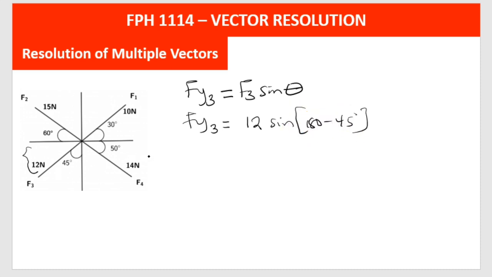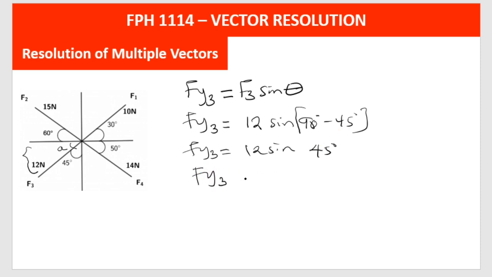Now, why are we using sine 180 minus 45? Is it 180? No, there's a mistake here. It should be 90 degrees minus 45, because we need to find this angle here, and it can be gotten by saying 90 minus 45. So we have Fy3 equal to 12 sine 45 degrees.